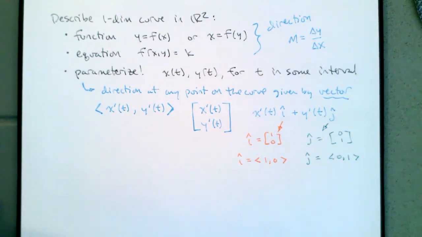When we write a function of two variables, we're describing a two-dimensional surface in R3. But that's not the only thing that we can describe in R3.